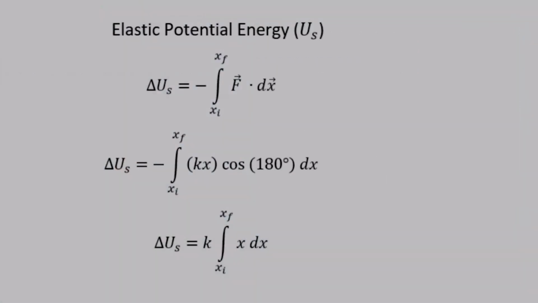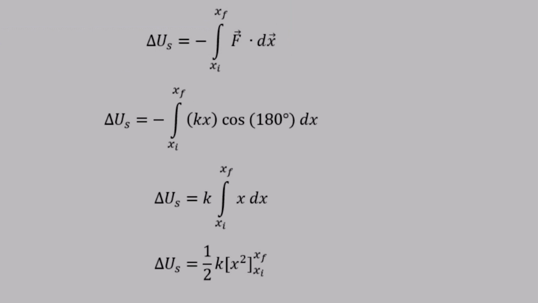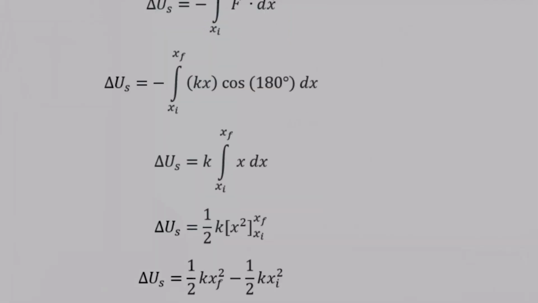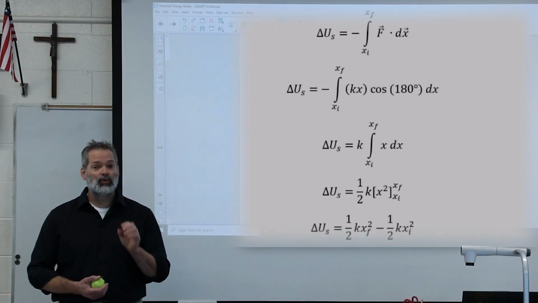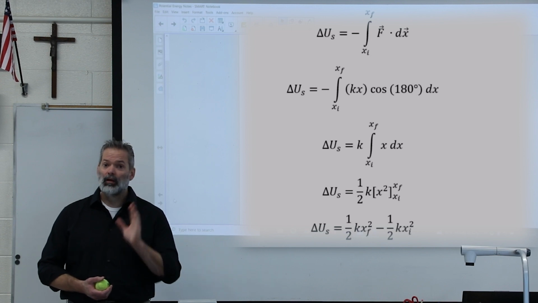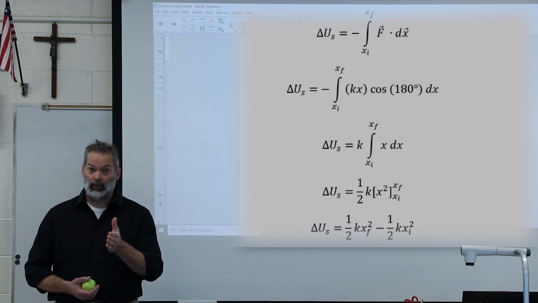The negative ones all go away. And then we just have the integral of x dx. Well, we know the integral of x dx is 1/2 x squared evaluated between our limits. So putting all that together, we get that the change in potential energy stored in a spring is equal to 1/2 k xf squared minus 1/2 k xi squared, which is not the same thing as 1/2 k delta x squared. You still have to remember the rules of algebra.